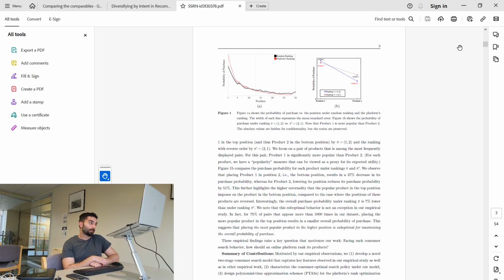What is a fair ranking? A fair ranking sorts based on merit. How do you find the merit, right? That's the question.